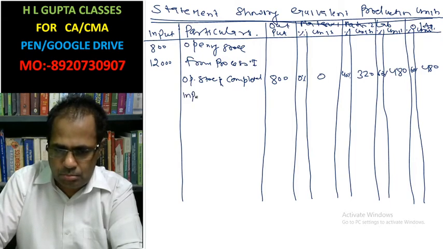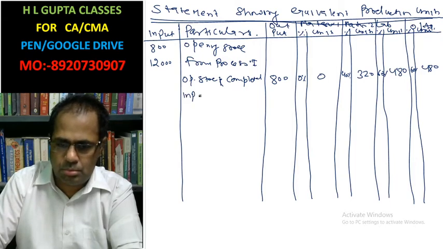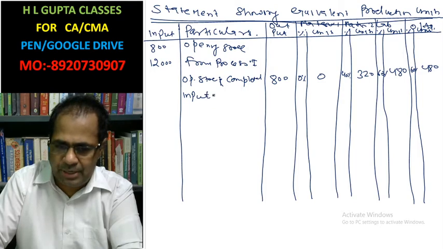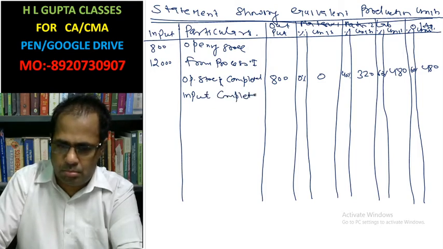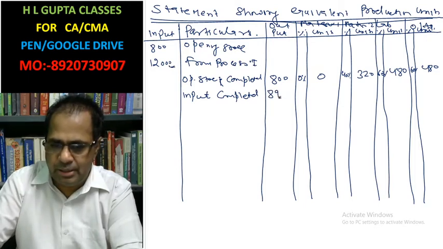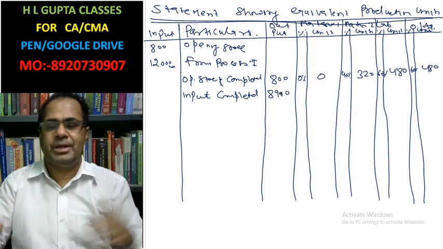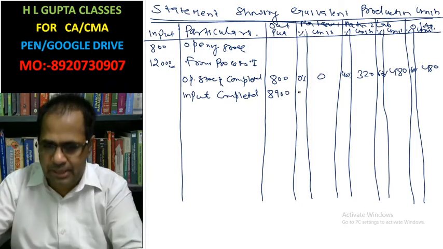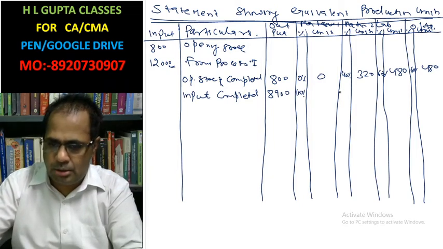Now input completed. Input completed means this 8,900, this is 100% completed in this, that's why 100% is written here, here, and here.